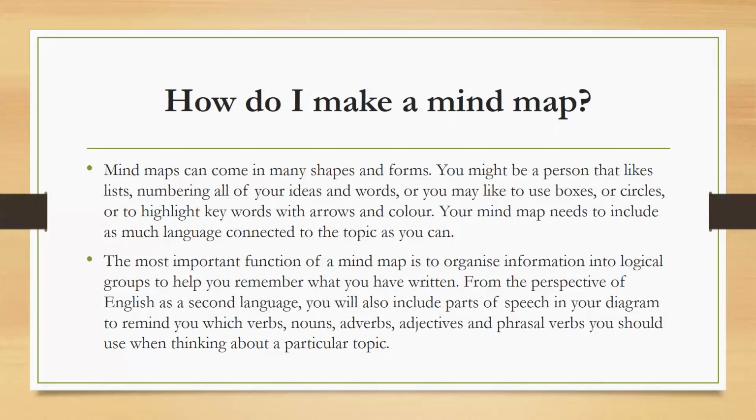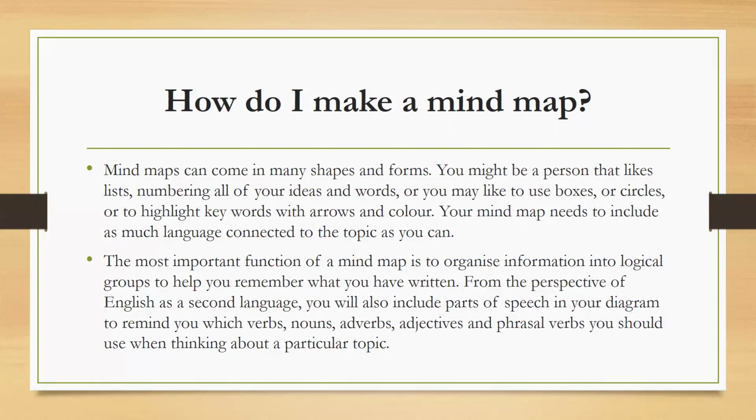So you number your ideas and words, you list them down, that is fine. Or you may like to use boxes or circles, or to highlight keywords with arrows and colors. Your mind map needs to include as much language connected to the topic as you can.